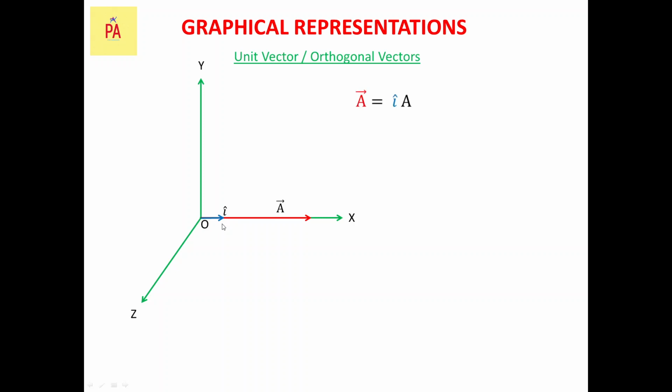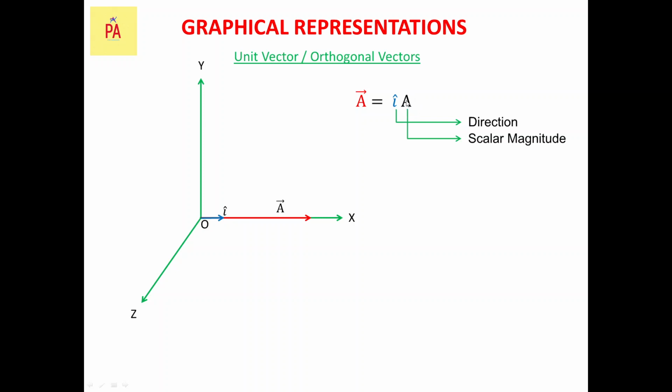Now this vector A we can represent as the unit vector, which shows you the direction, and the scalar value of this A. That means it is now very much clear that vectors have direction, shown by the unit vector, and the scalar magnitude.